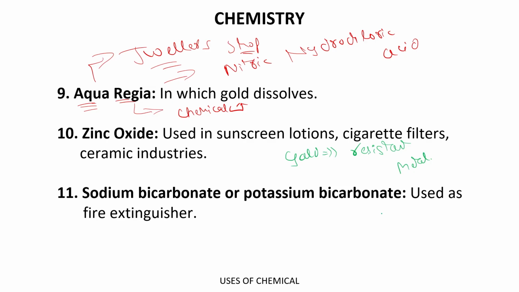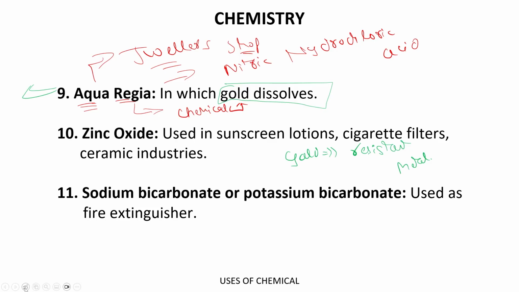So it generally does not react with other chemicals, you can say. So basically the jewelers use aqua regia because aqua regia, or the nitro hydrochloric acid, has the capacity to dissolve the gold in it. And thereafter, this dissolved gold could be used for various other purposes.